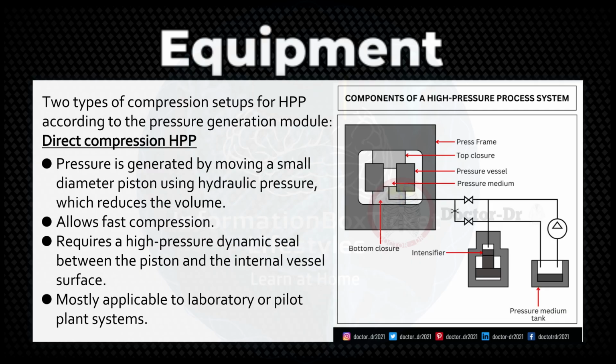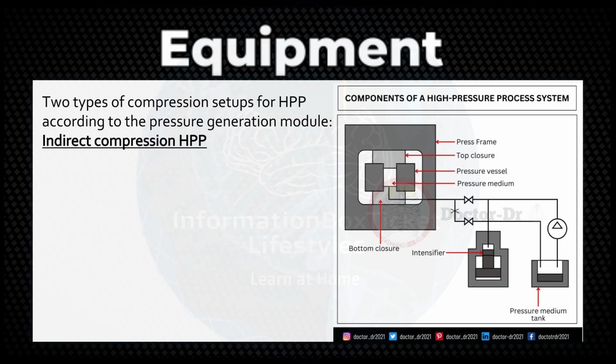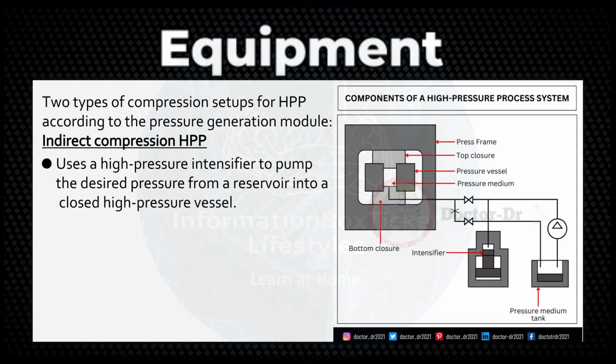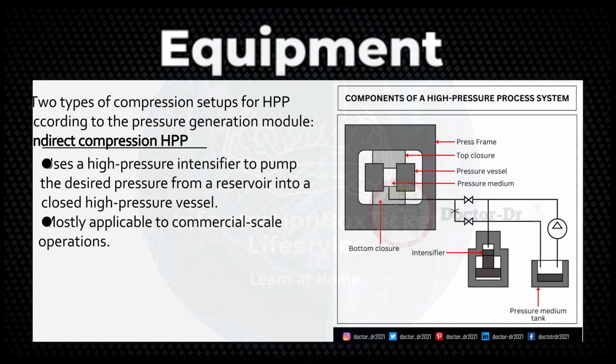or pilot plant systems. Indirect compression, high-pressure processing, uses a high-pressure intensifier to pump the desired pressure from a reservoir into a closed high-pressure vessel, mostly applicable to commercial-scale operations.